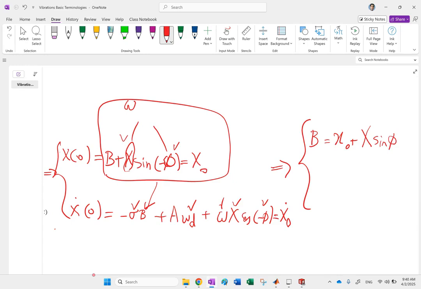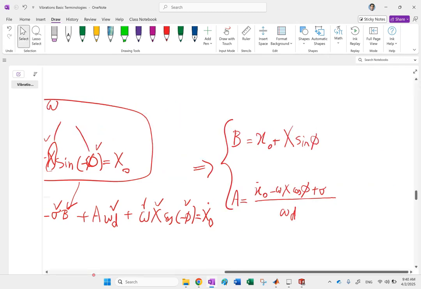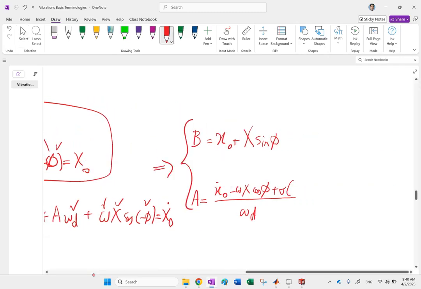And then you plug it into the bottom one. A is going to be some big thing divided by omega d. Now, what is the big thing? It is going to be x dot 0, minus omega x cosine of phi, plus sigma times B, and B is whatever I found up there.